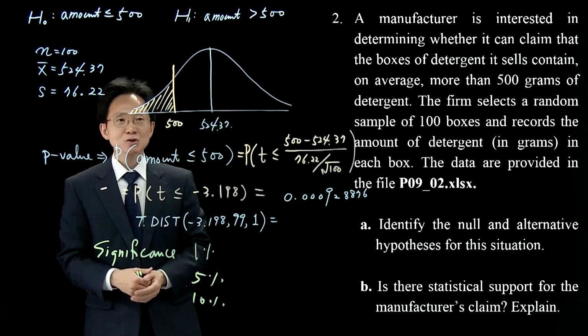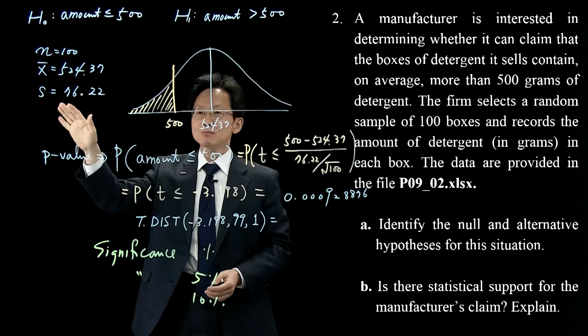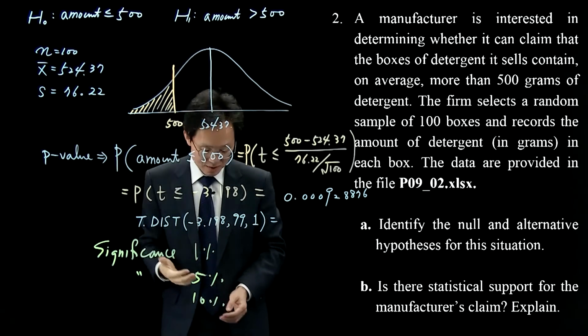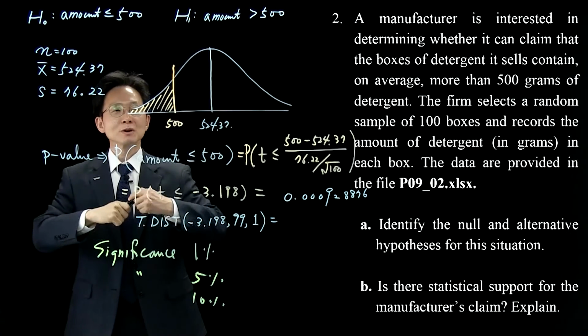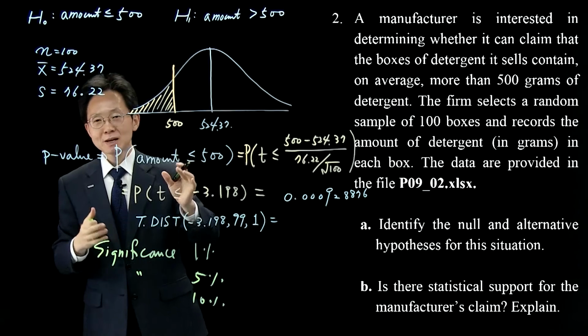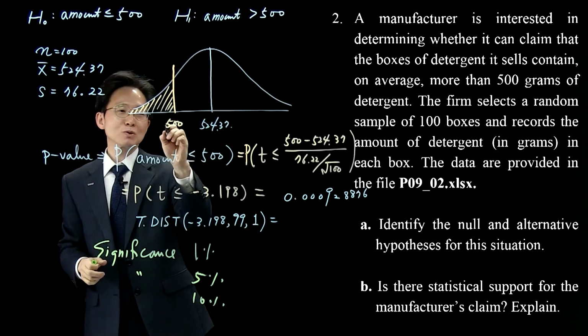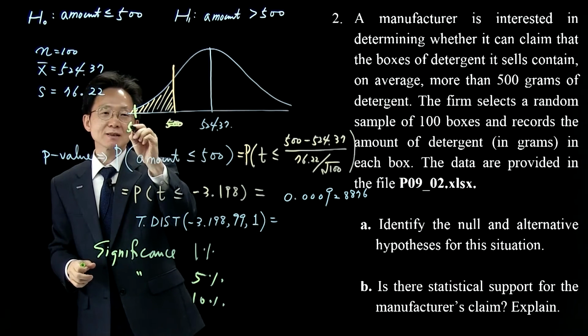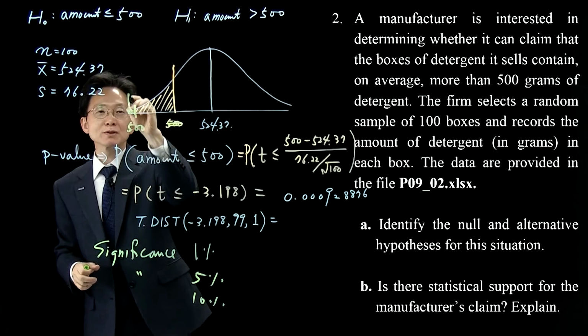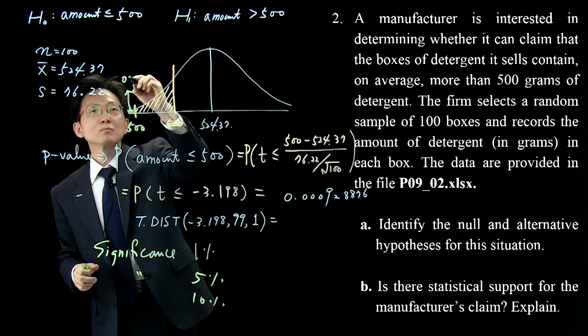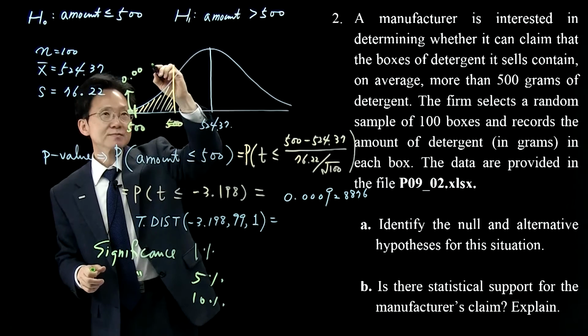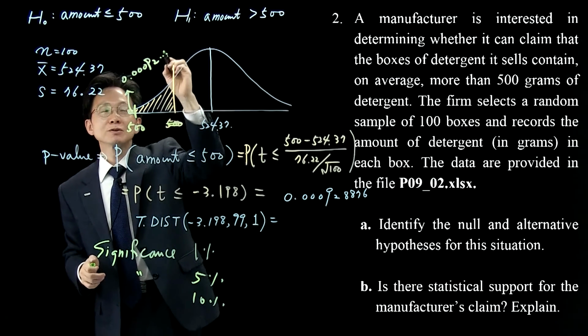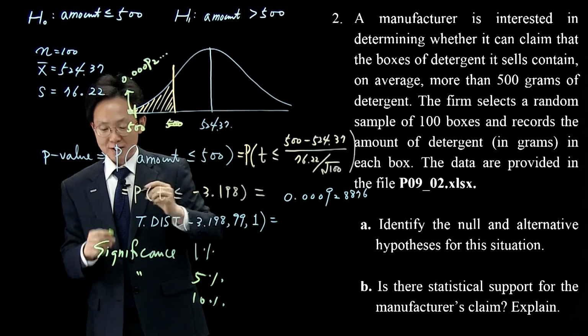Okay? So this is a one-tail problem, and I already said that I drew a really bad picture, so it should be here, right? So the probability should be 0.00092 or something like that. Okay?